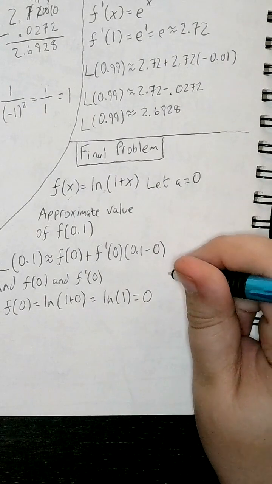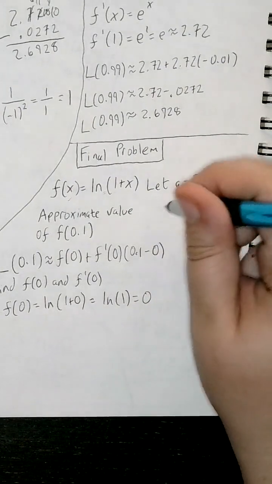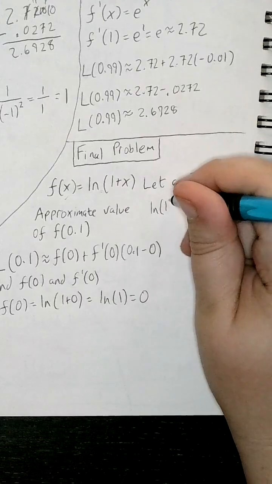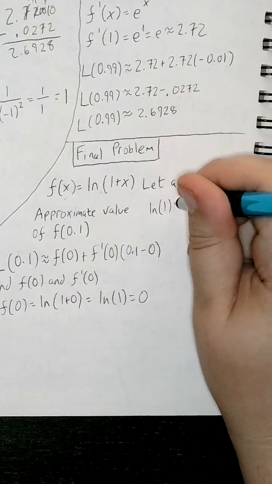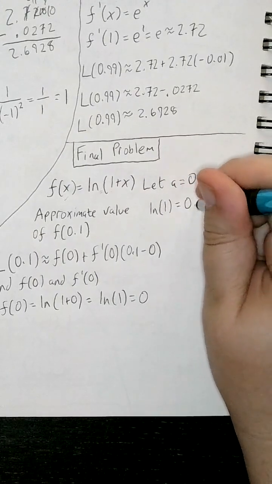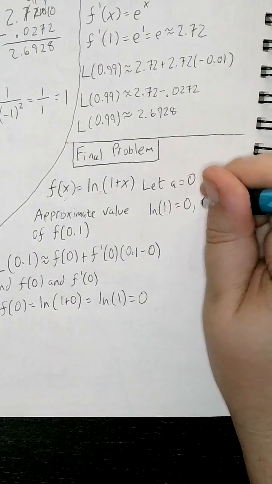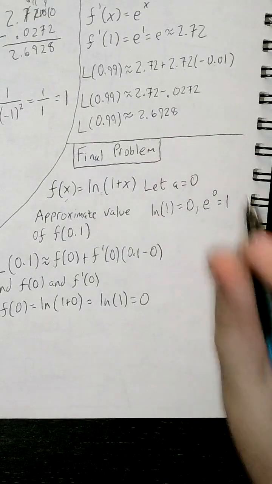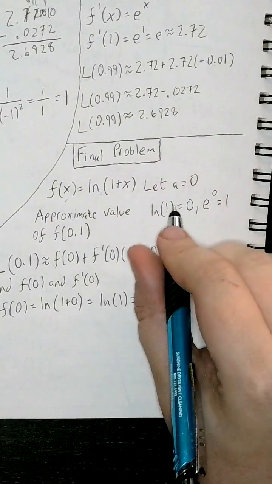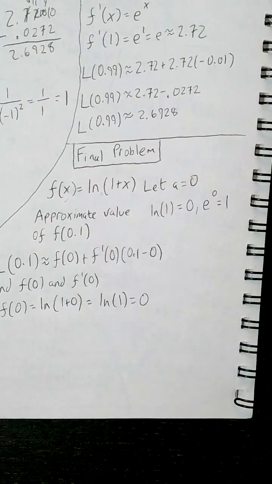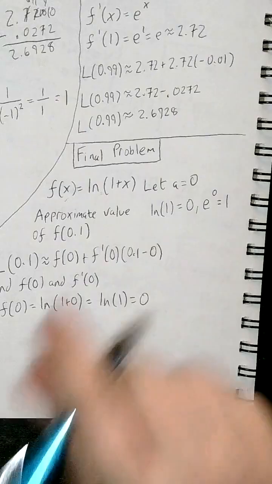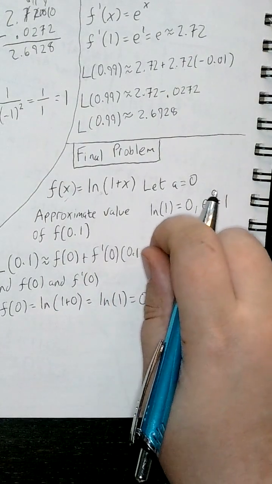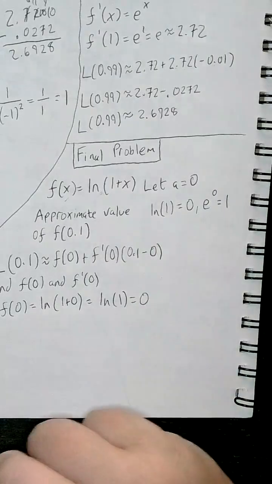If natural log of 1 equals 0, that means that e to the 0 is equal to 1. Both of these statements are true. If one of these is true, then the other is automatically true. And this one is always true, because any number other than 0 to the 0 power is 1.